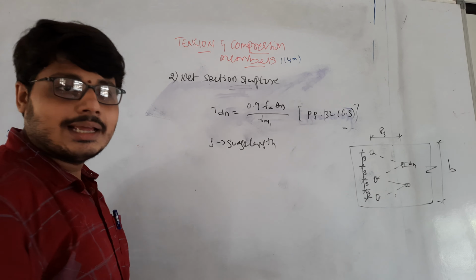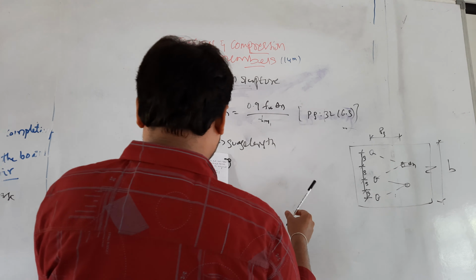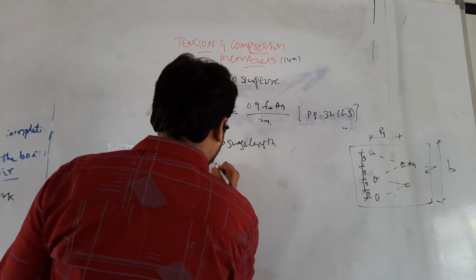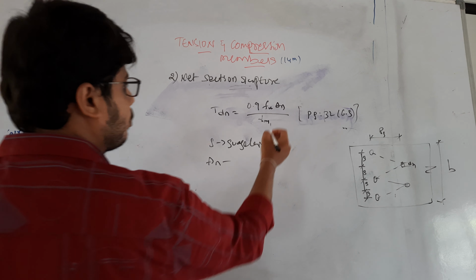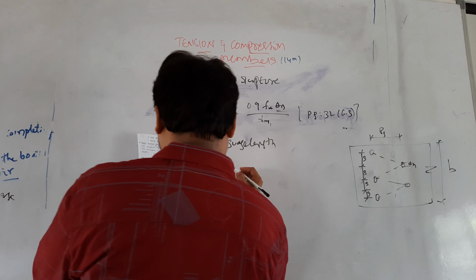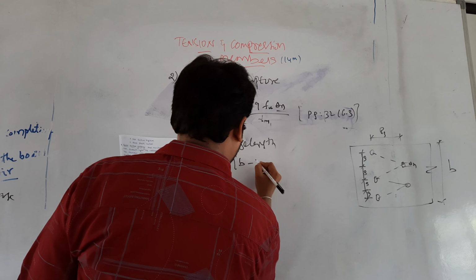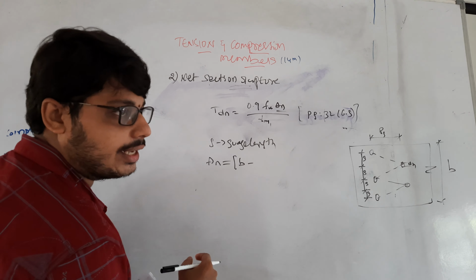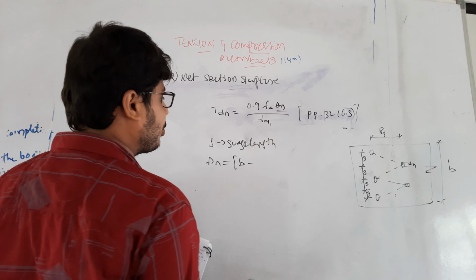To find the overall An, we have the formula. An is nothing but the net effective area.